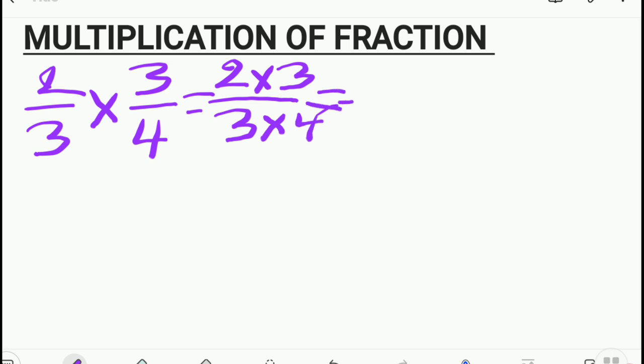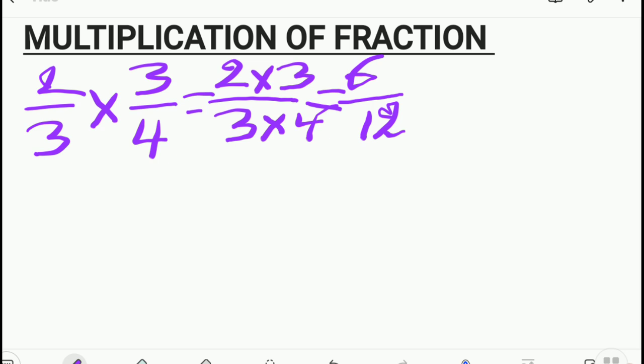As you know how to multiply numbers, 2 times 3 is equal to 6. Then 3 times 4 is equal to 12. That is the answer. But sometime you will be asked multiply and simplify completely.